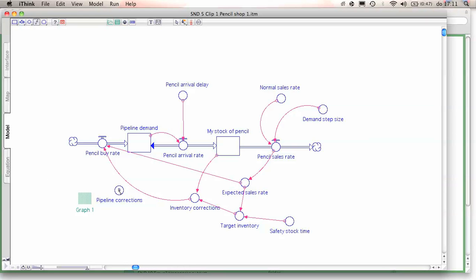What are those? Well, this is the current pipeline demand, and now we need a target pipeline. Target pipeline would be equal to the expected sales rate again times the number of days that this stuff is in the pipeline.